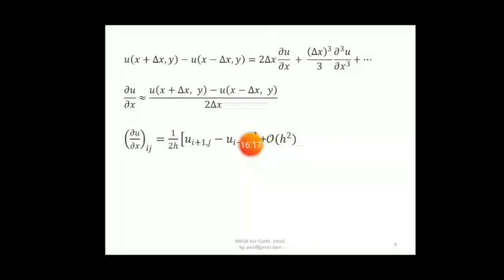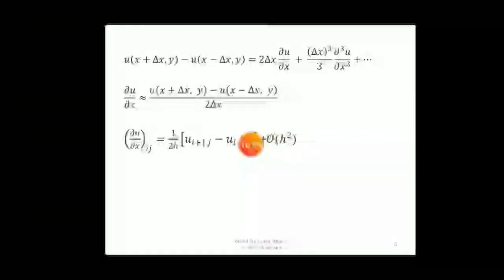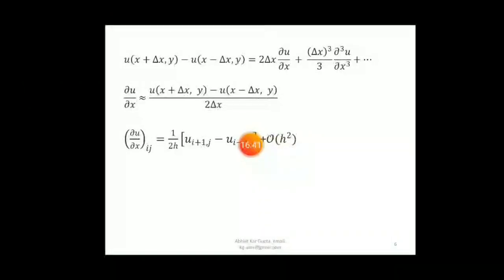Let us see if we write it in terms of the indices: 1 by 2h times u(i plus 1, j) minus u(i minus 1, j), and the order of the error will of course be h square, because the third order term delta x cube, meaning h cube, onwards you have discarded, and so you divide by h, meaning delta x, and the leading term will be of the order of h square.